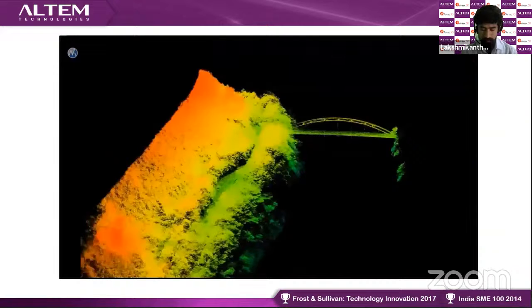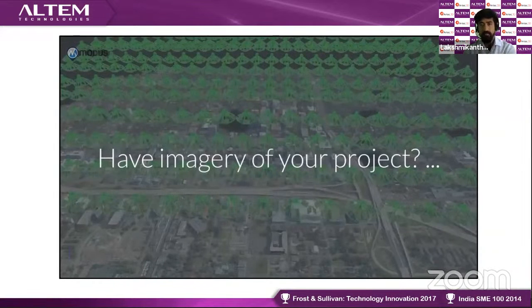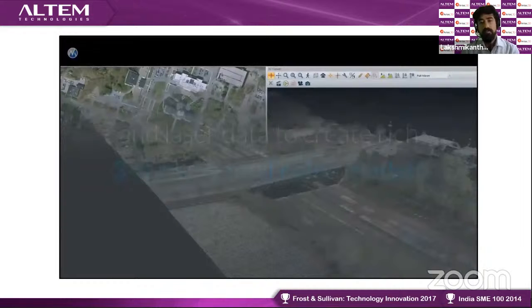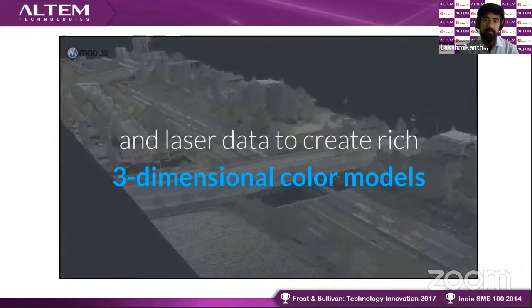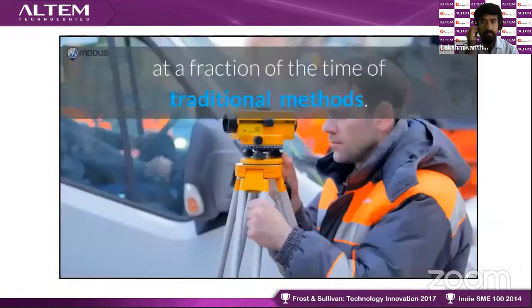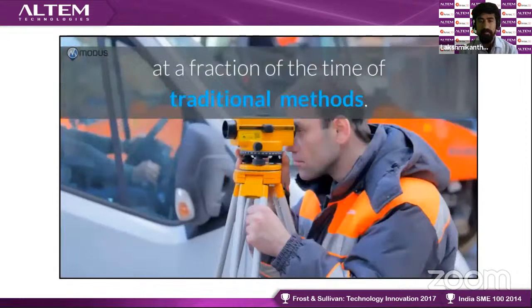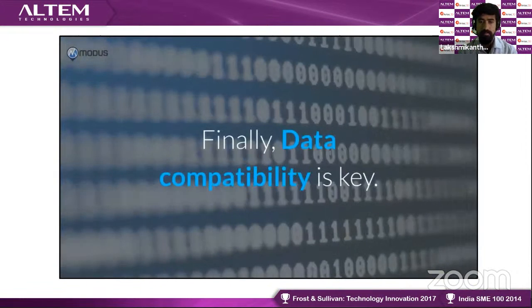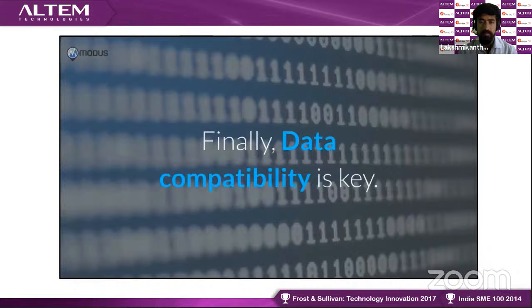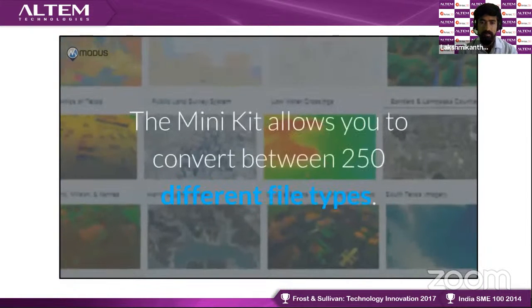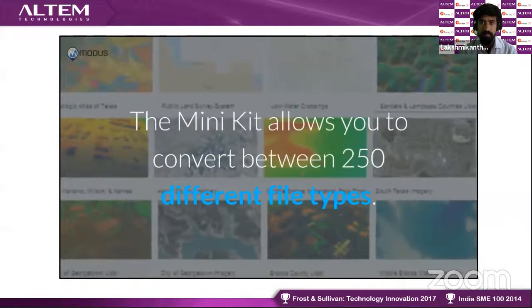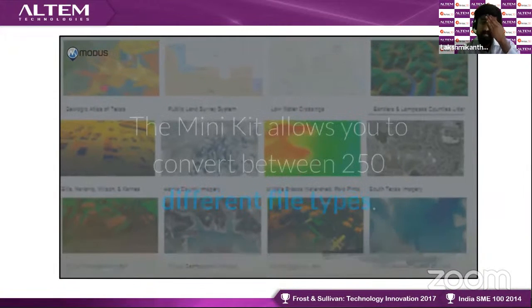Have imagery of your project? Fuse together photos and laser data to create rich three-dimensional color models in a fraction of the time of traditional methods. Finally, data compatibility is key. The Mini Kit allows you to convert between 250 different file types.